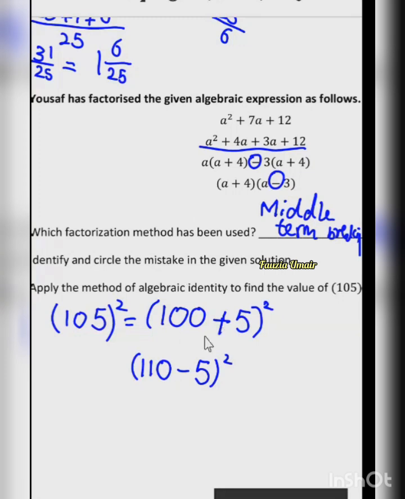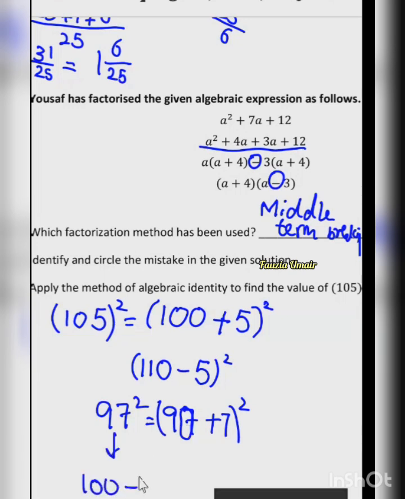So please pick a proper breaking which helps you in applying the identity. For example, if you need to find 97 square, and you write 90 plus 7, this is difficult. But if you pick 100 minus 3, that is easier.